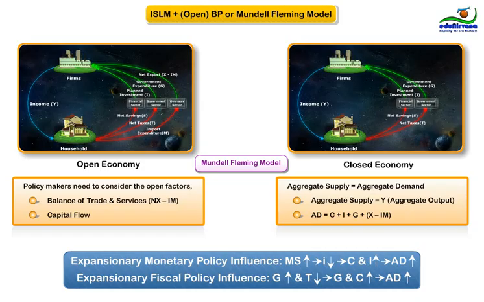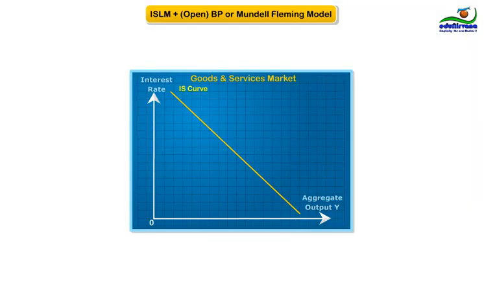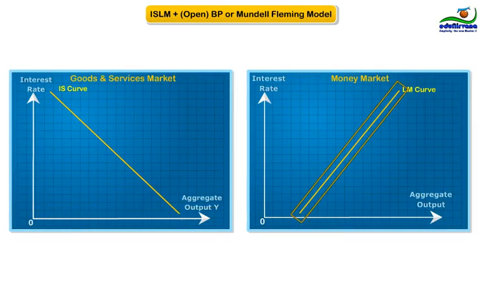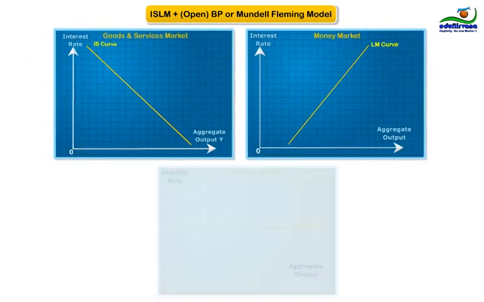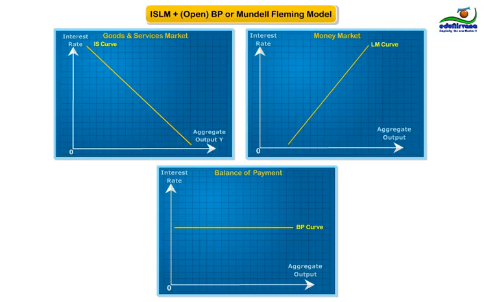The three major sectors are: goods and services market, AS equals AD, that is, IS is a function of I and Y. Money market, MS equals MD, that is, LM is a function of I and Y. Balance of payment, current account equals capital and financial account, CA equals CFA, that is, BP is a function of I and Y.